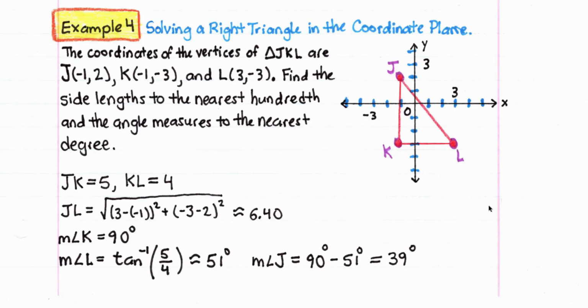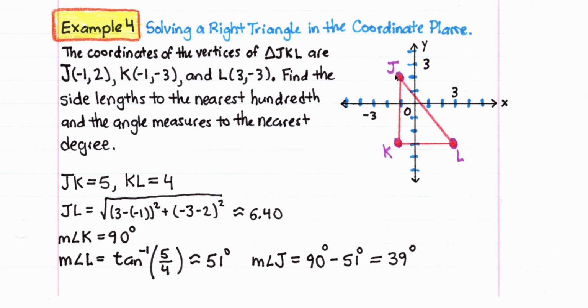Example 4, solving a right triangle in the coordinate plane. The coordinates of the vertices of triangle JKL are J is negative 1, 2, K is negative 1, negative 3, L is 3, negative 3. Find the side lengths to the nearest hundredth and the angle measures to the nearest degree.